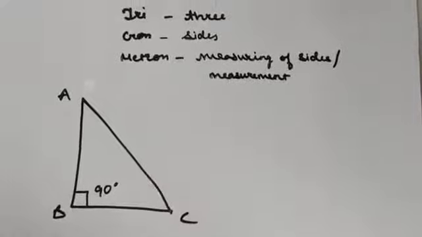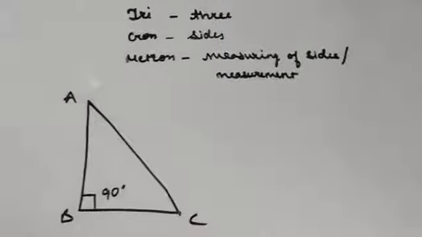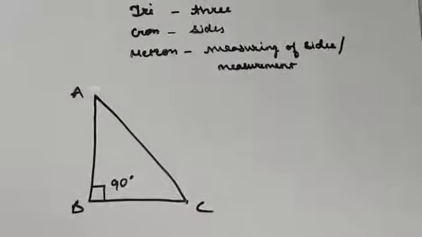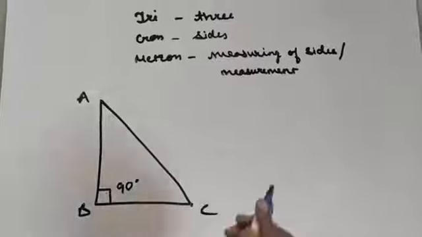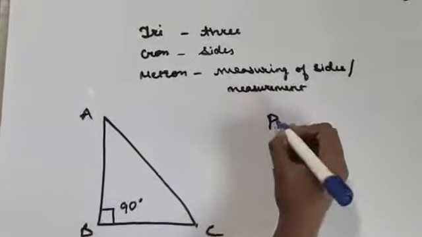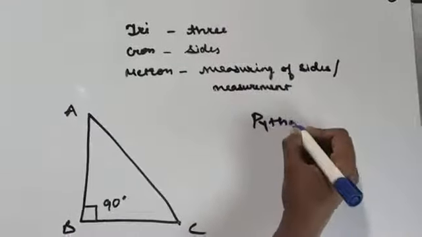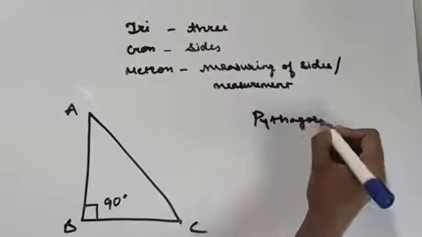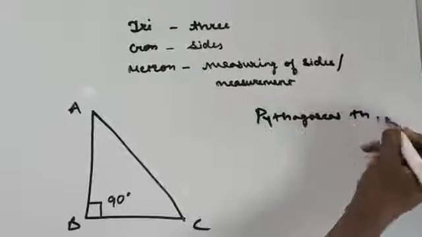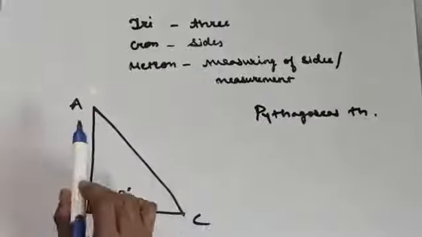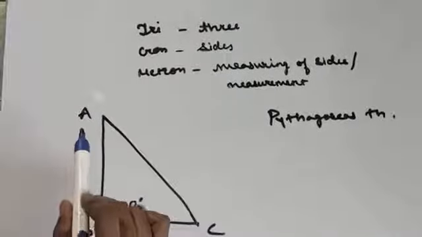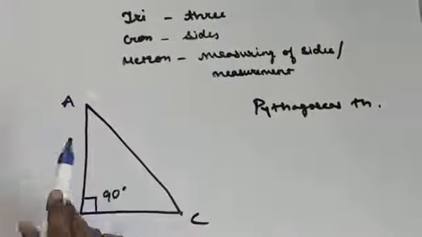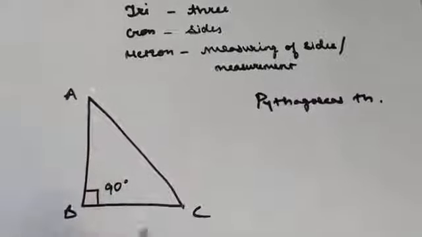So to start with, let us first revise the Pythagoras theorem, which we have already studied in our previous classes. So the Pythagoras theorem states that in a right angle triangle which has three sides, let us consider this triangle which has three sides, side AB, side BC and side AC.